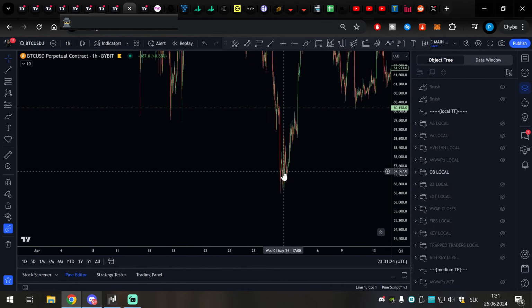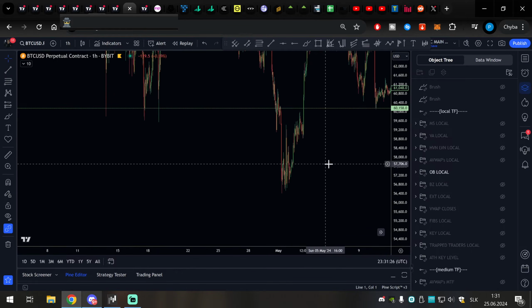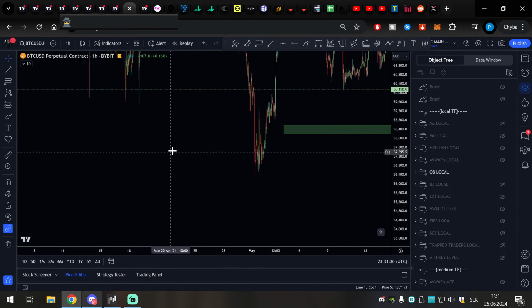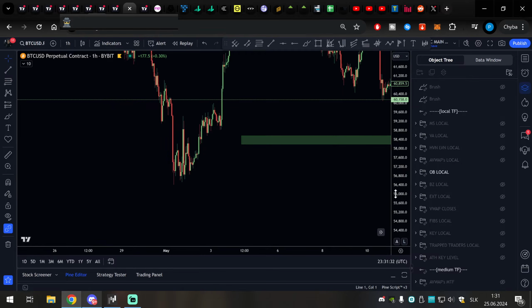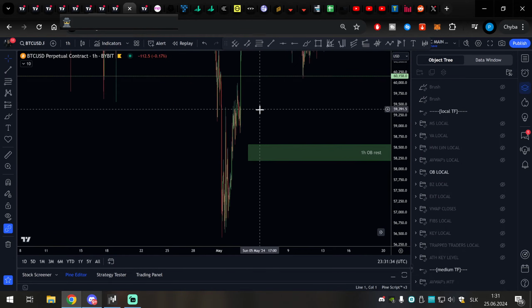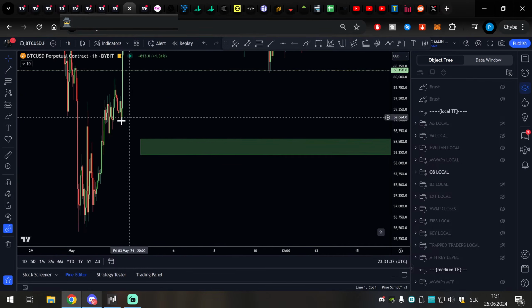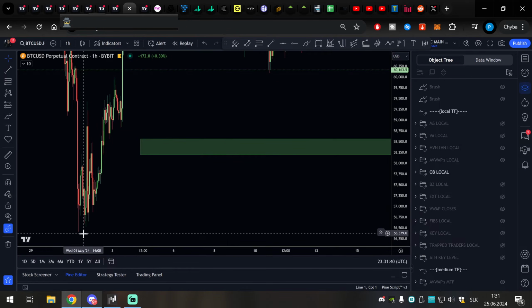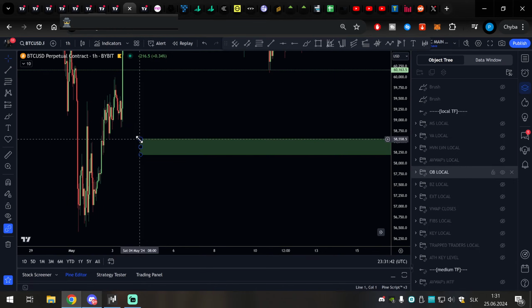Because it already gave us a trade before. Let me check like this. This one is actually the first order block which was forming after we bottomed out at 56,000. So I think this is the pivotal order block. You really need to hold this.